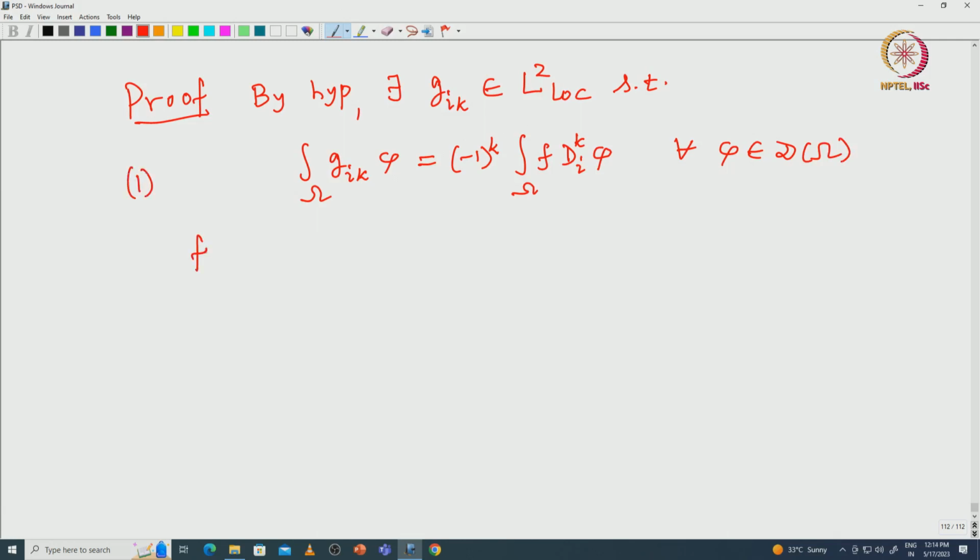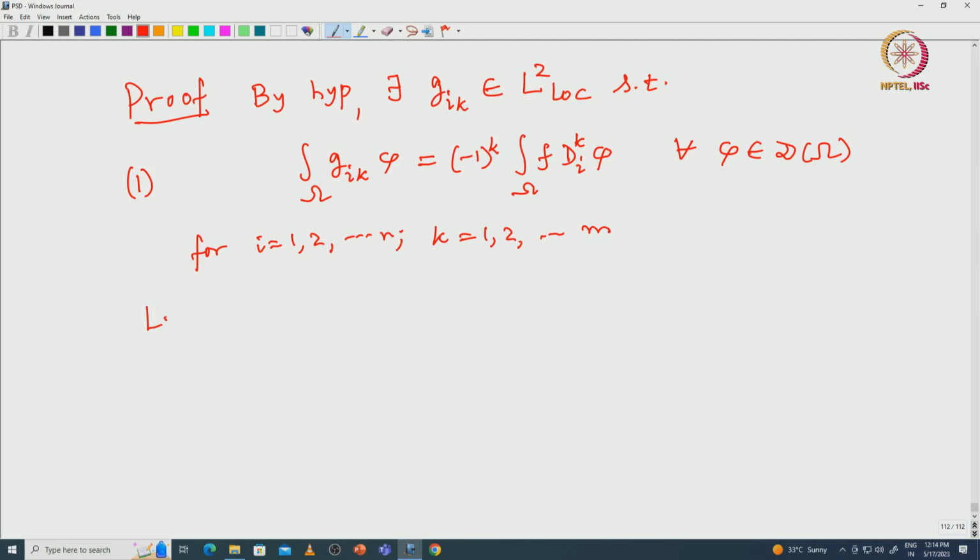This is for i equal to 1 to n, and the number of derivatives k equal to 1 to m. This is just by the definition of the weak derivative.